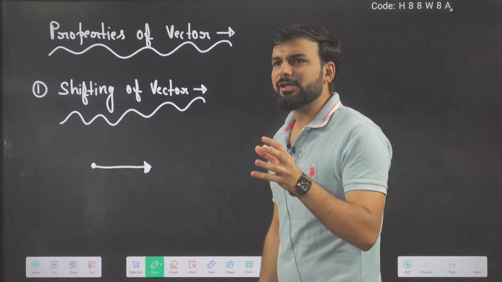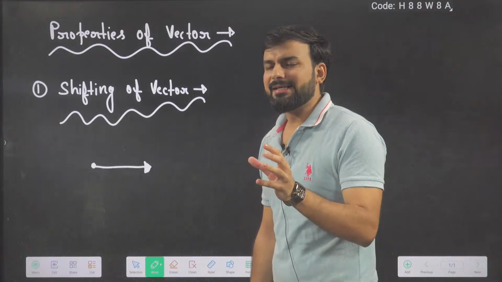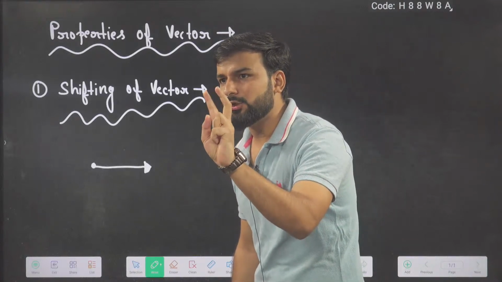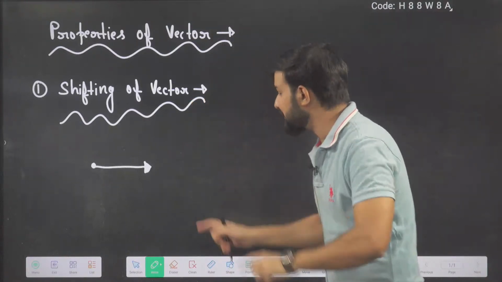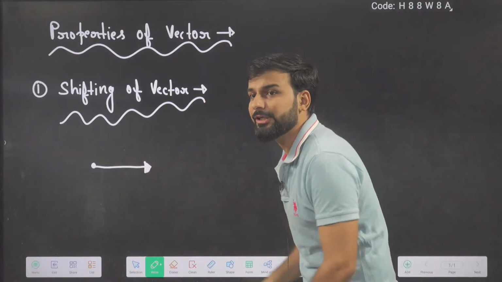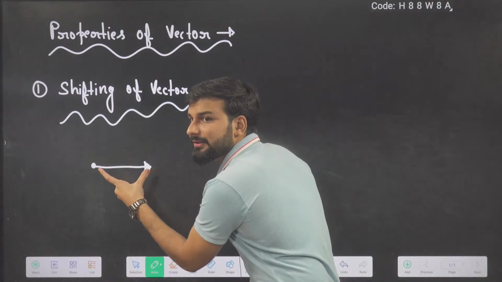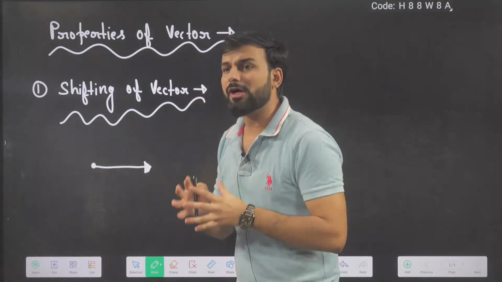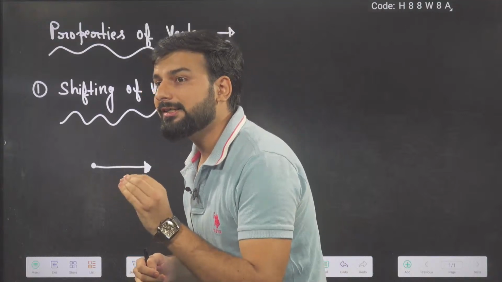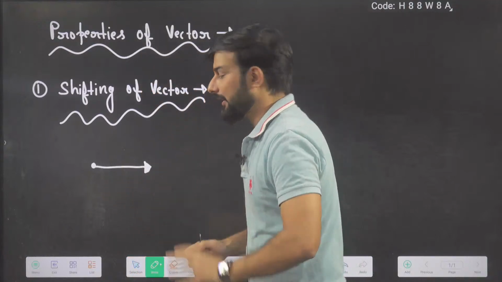So in shifting of vector, before that, I want to ask you a very simple thing. In a vector, there are two very important things. One is the direction, and one is the magnitude. Magnitude is basically length. So a vector does not change until I change the direction or the magnitude.